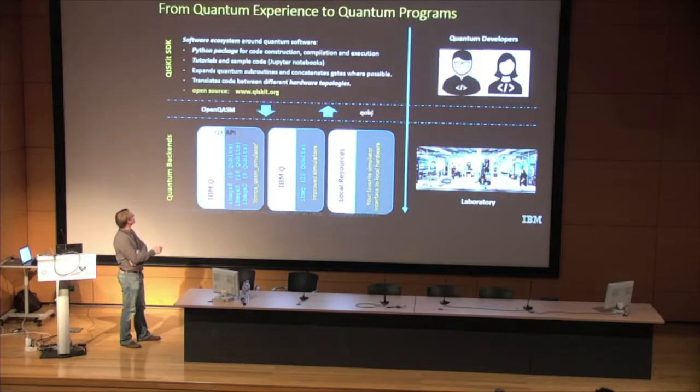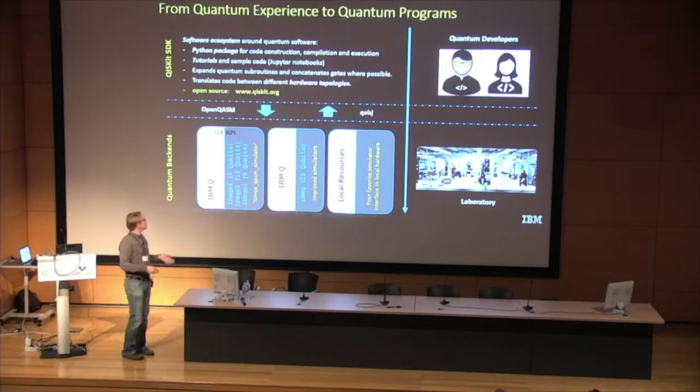There are tutorials and sample codes, which can expand the subroutines and concatenate gates. And it also works more hardware independent. So given a certain topology, it can come up with a quantum assembler code. And the idea is that there are these quantum developers who can talk to different quantum backends using one general framework, this QISKit framework.